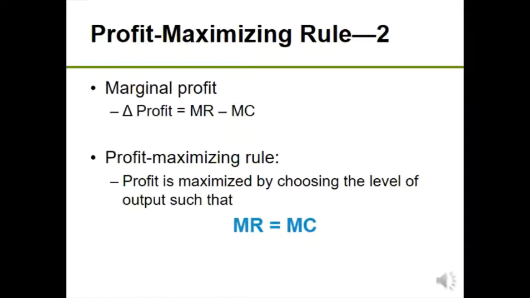Now, in some situations, and in the situation that we saw on our Econ 101 post, we had an example where we could maximize profit where this rule doesn't hold. So it might be useful to say keep producing until marginal revenue is less than marginal cost.